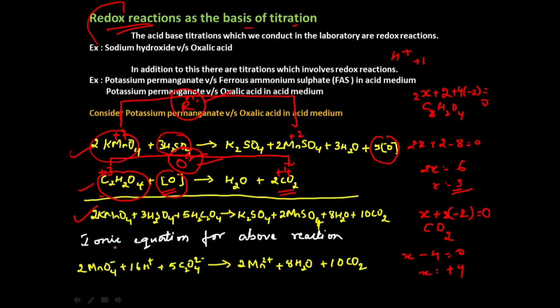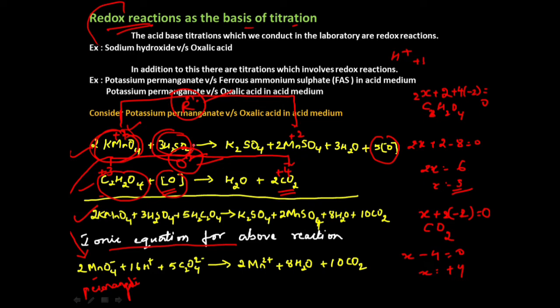And at last, the ionic equation for the above equation is nothing but this one. The ionic equation is, in solution state, potassium permanganate breaks down into permanganate ion. Potassium permanganate in solid state we write like this, KMnO4, but in the dissolved, solution state, we get permanganate ion.